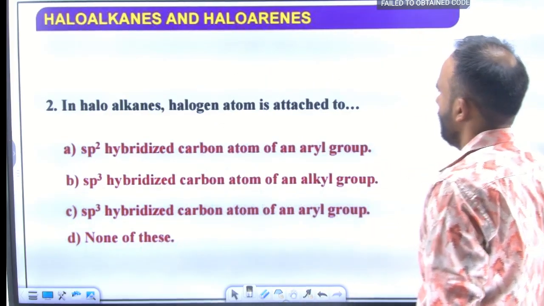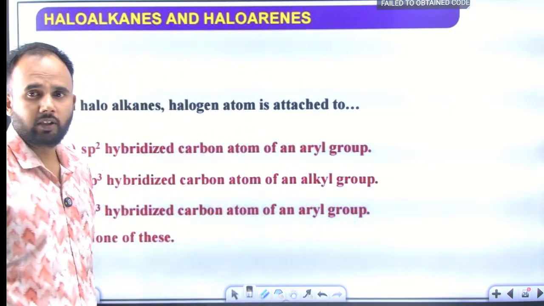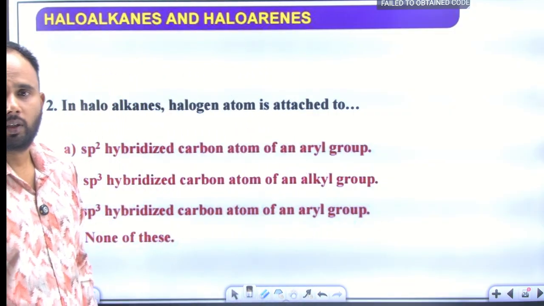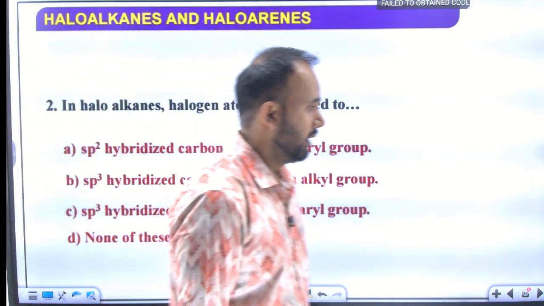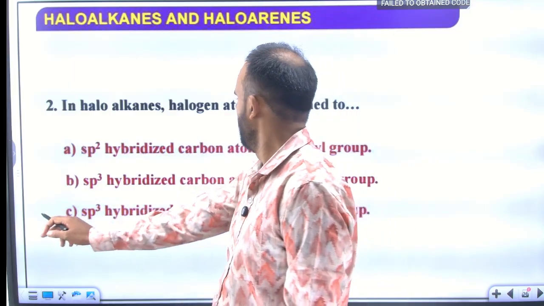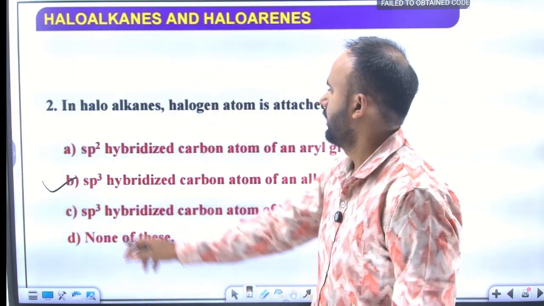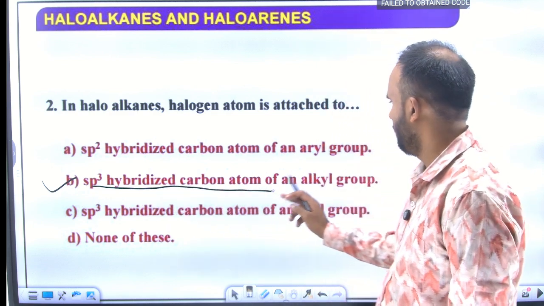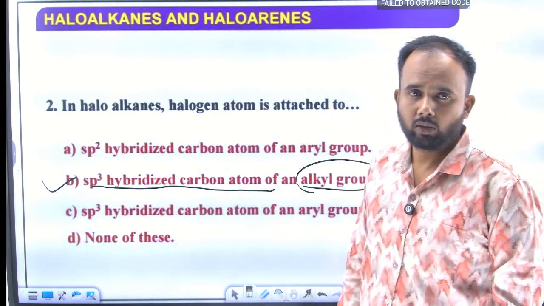Now come to the next thing. In haloalkanes, the halogen atom is attached to which type of hybridized carbon atom? What will be the answer? The answer is sp3 hybridized carbon atom of an alkyl group. What is the important word you have to remember?